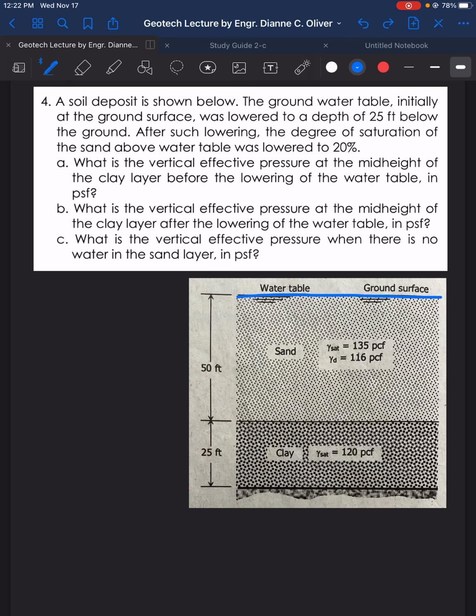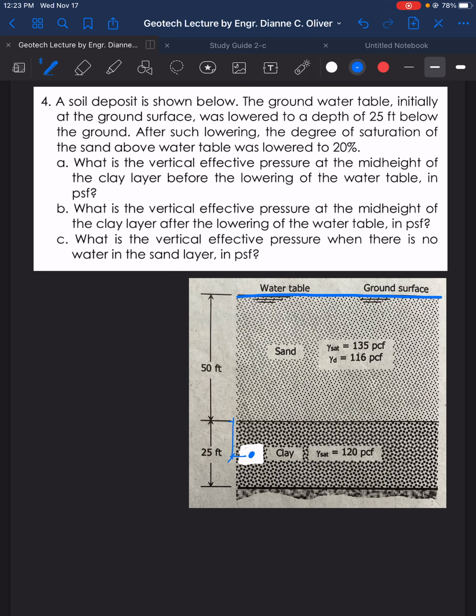Okay, so let's have the first one. Find the effective stress or effective pressure when the water table is at the ground surface. And remember, it's looking for the effective stress at mid-height of the clay layer. So let's point here. That's the location. So mid-height.